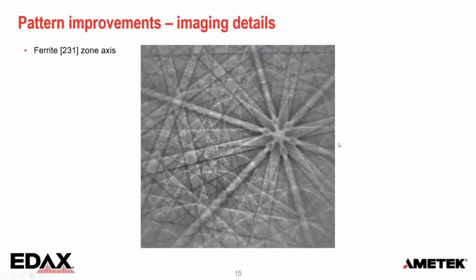So here we have a pattern from ferrite. There's the zone axis. This is the place where the electrons hit the detector perpendicularly, not the screen. And so when I retract the detector, we're going to zoom in to that part.